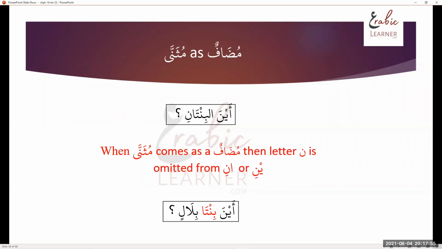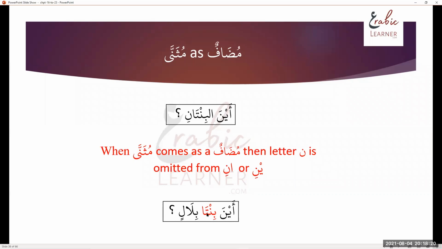So here I want to say Bilal's two daughters, it's a kind of relationship, Mudaaf Mudaaf ilayh, meaning two daughters of Bilal. So that is why I will just drop the noon. So what I'll say? Aina binta Bilalin.